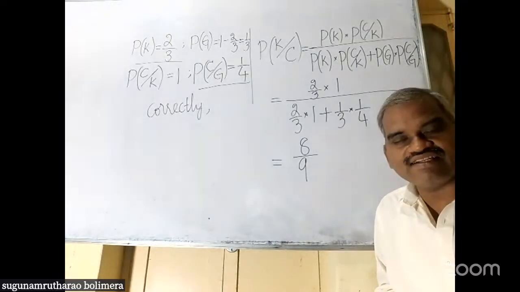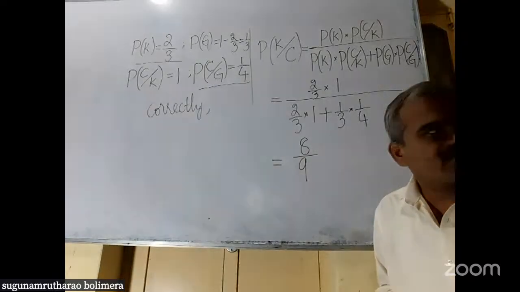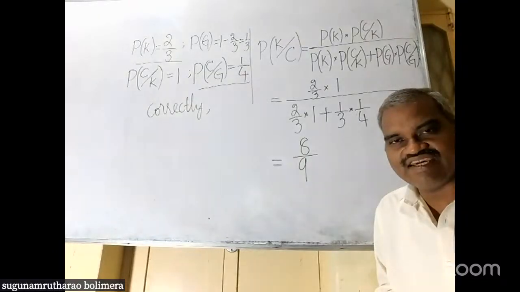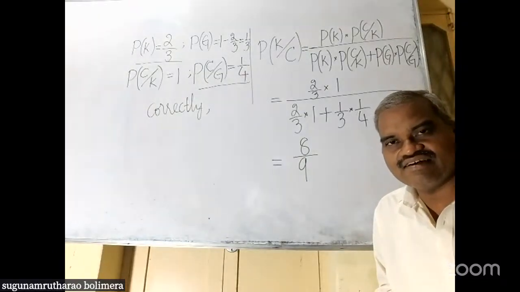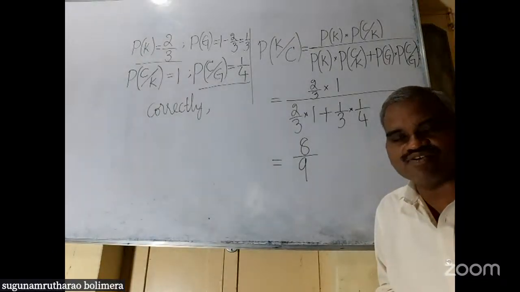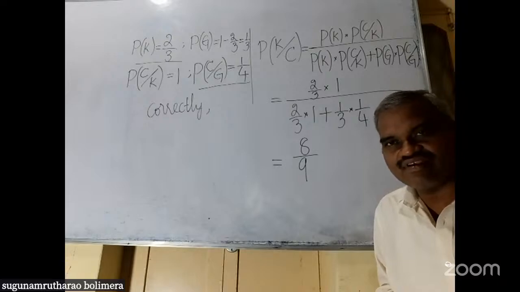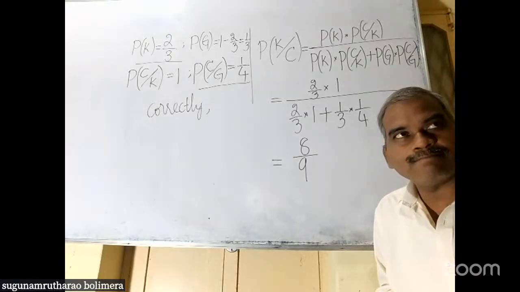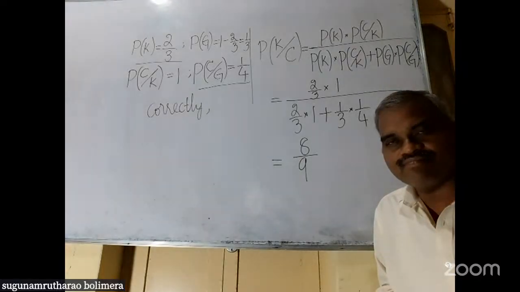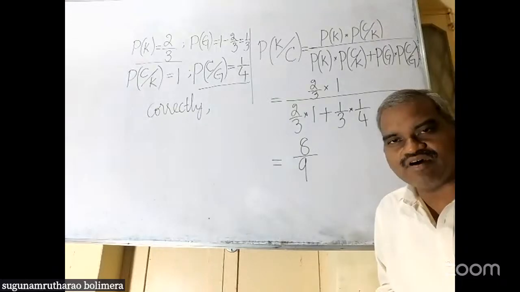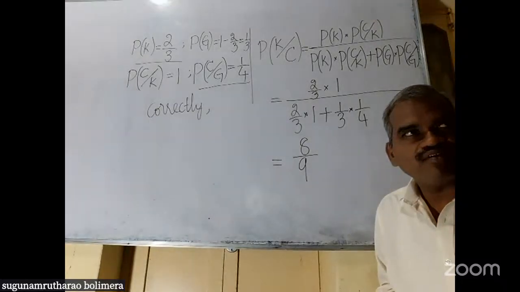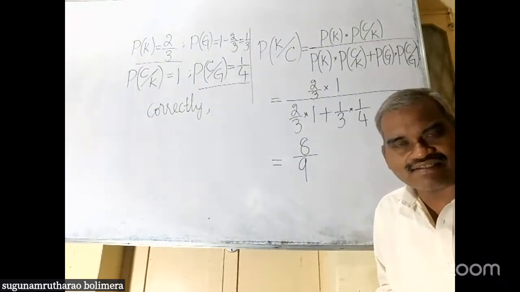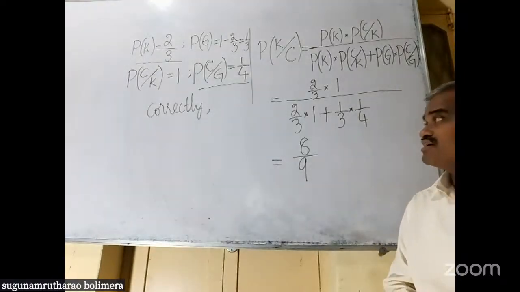Said to be discrete if it takes finite number of values. Instead of writing x, you please write xi like this.